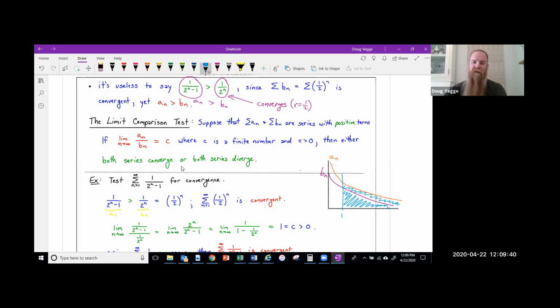The problem is I don't know if the extra that was added on for that series is going to cause it to converge or diverge.